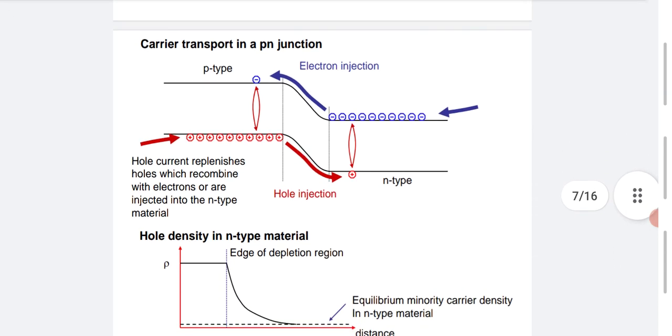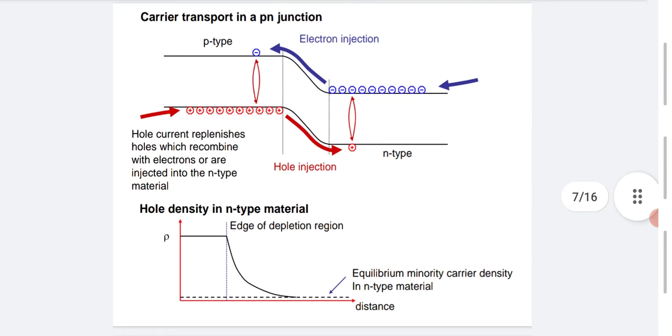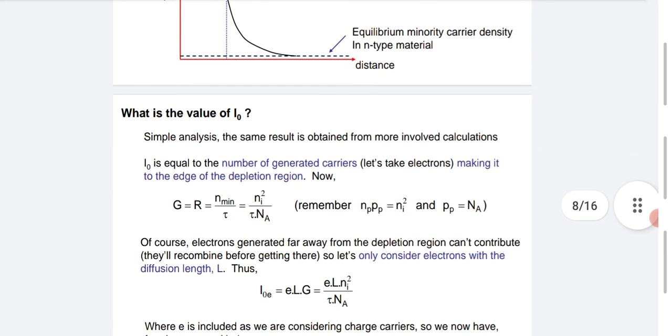Carrier transport in a PN junction diode. Now what happens? Hole density in the N-type material and electron density in the P-type material. So at equilibrium, the minority carrier density in the N-type material is less, and similar is happening in the P-type material.